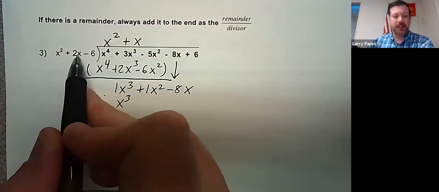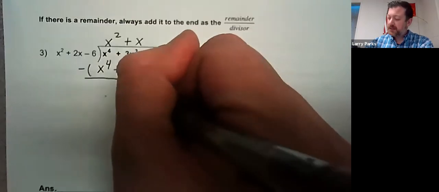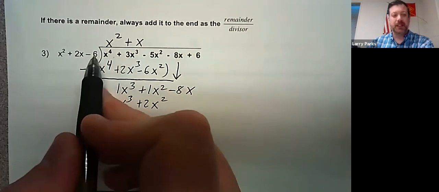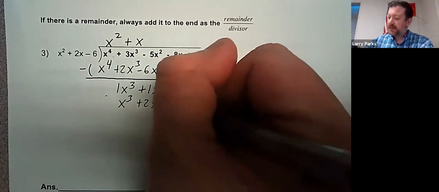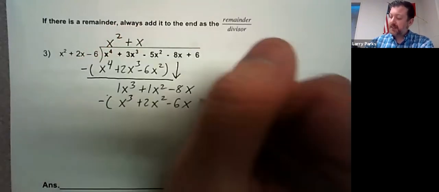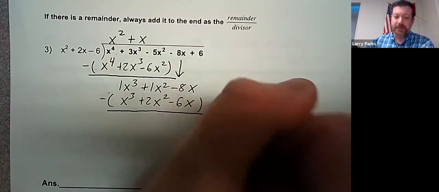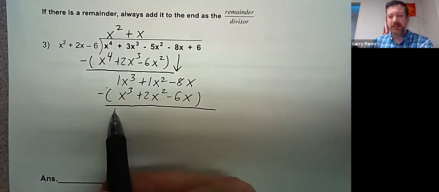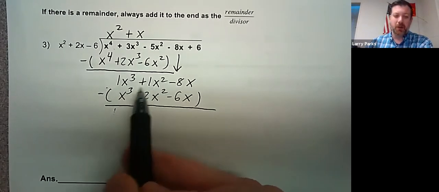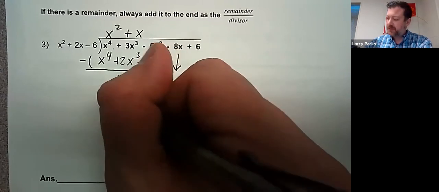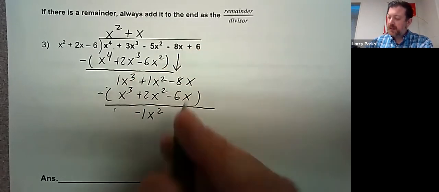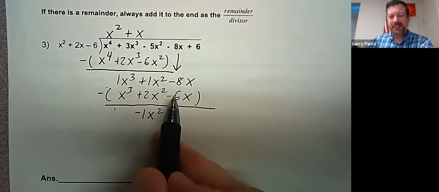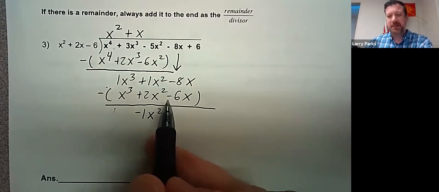X times 2x is 2x squared. X times -6 is -6x. I take that away. 1 minus 1 is 0. That's good. That's gone. It's supposed to be gone. 1 minus 2 is -1. -8 minus -6 is -8 plus 6. That'd be -2.